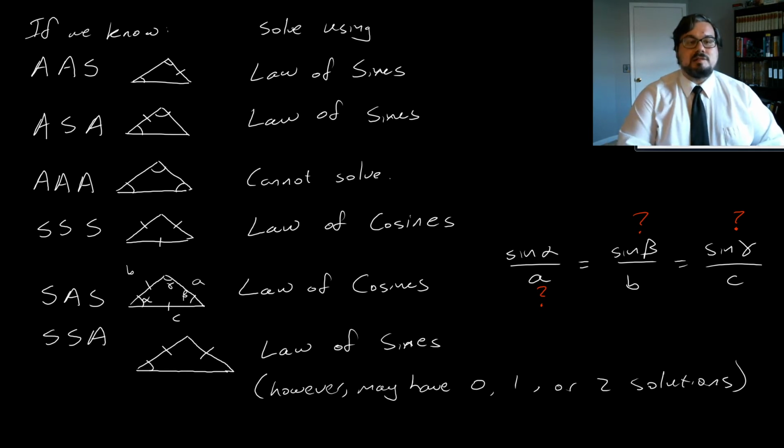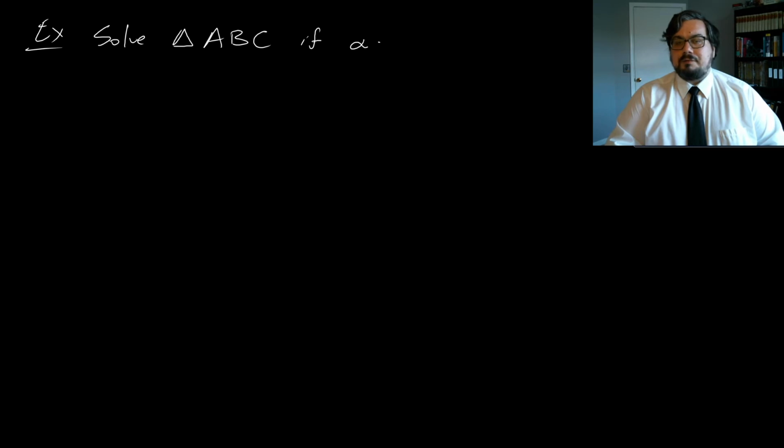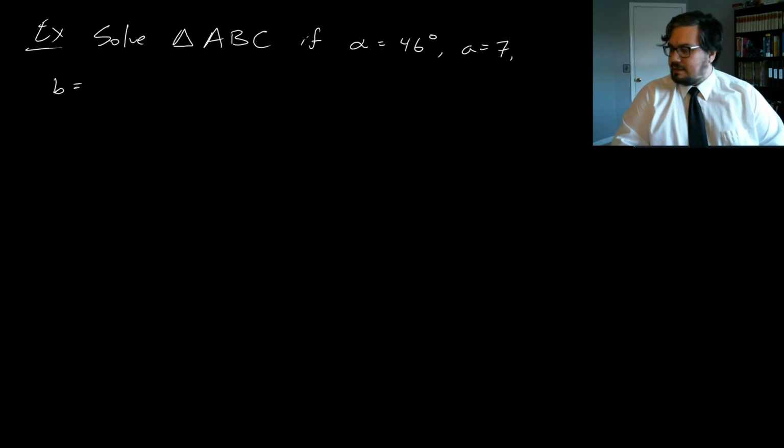So let's see an example. Solve triangle ABC if alpha equals 46 degrees, a equals 7, and b equals 10.